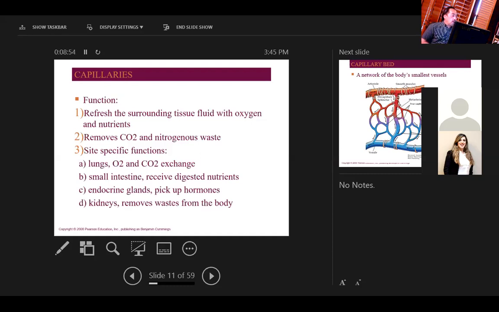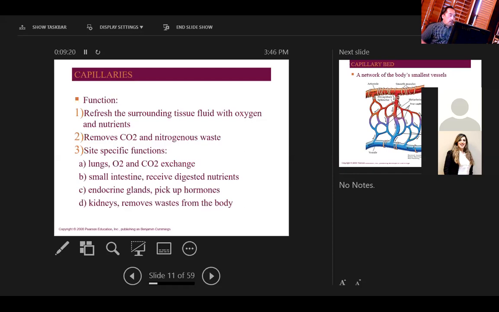As I said, in the lungs there is oxygen and carbon dioxide exchange, and in the small intestine the exchange of nutrients, bringing in the glucose that you just digested through the capillaries. And your endocrine gland hormones are picked up through the capillary, so they can target distant tissues.